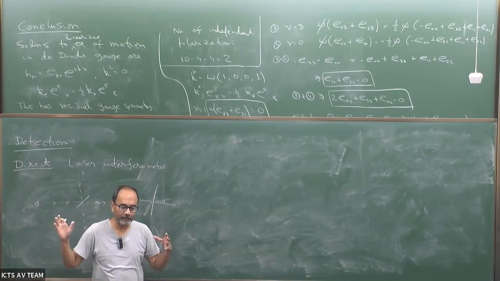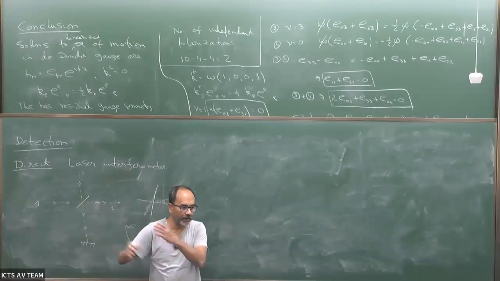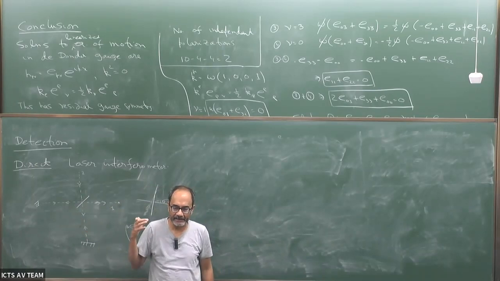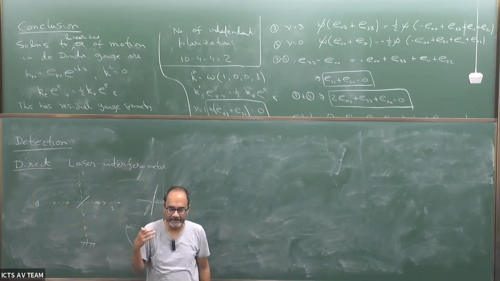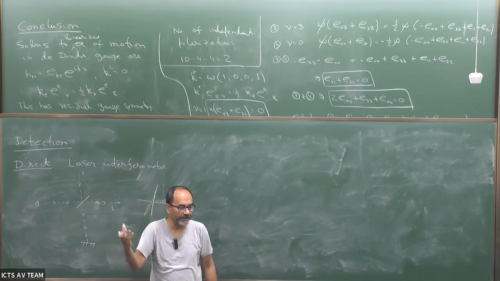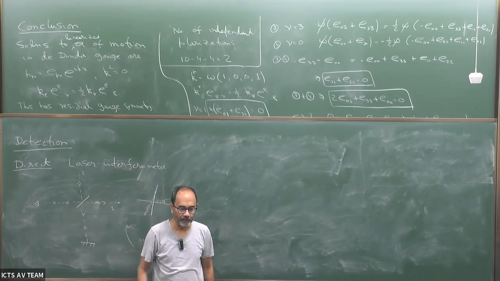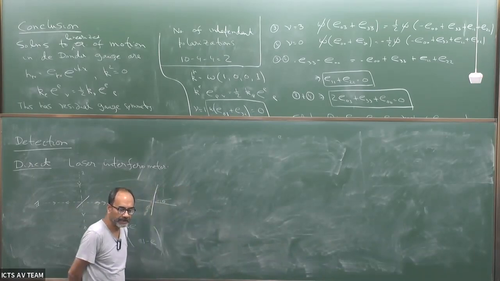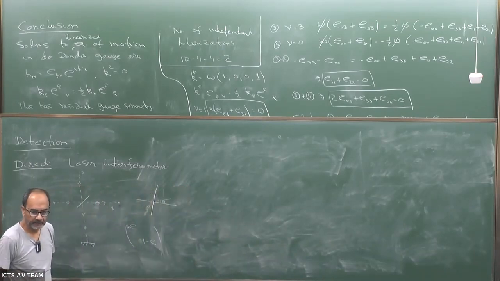So you have a lot of templates. If a particular black hole configuration merges in one direction, this is the signal that you will see. If it merges in another direction, this is the signal you will see. If the angular momentum is a little different, this is the signal you will see. So you build a lot of templates, and then you match your observation with those templates to figure out the most likely event that gave rise to this particular signal. Going the other way is much more difficult, to actually reconstruct what happened just from the signal.